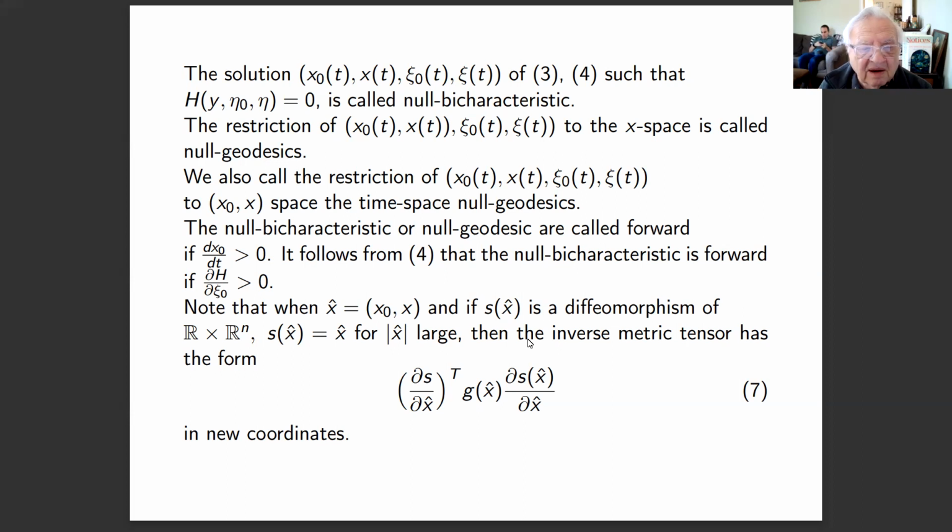Now, when we take a change of variable, if x of x hat is a diffeomorphism in R cross R^n, then the inverse metric tensor has the form of formula 7: dx/dx hat transpose g of x hat, dx/dx hat, in new coordinates.